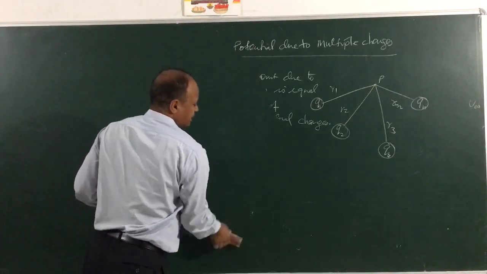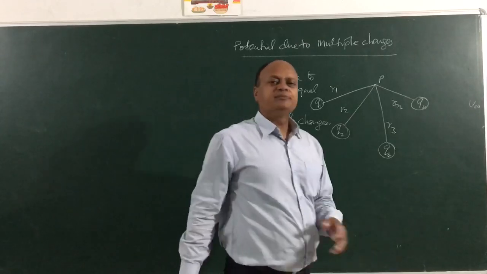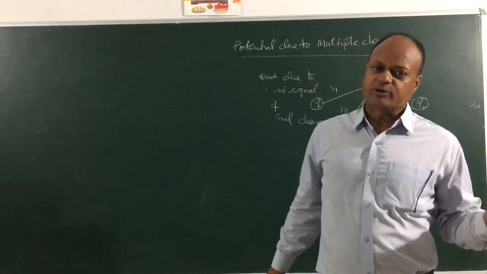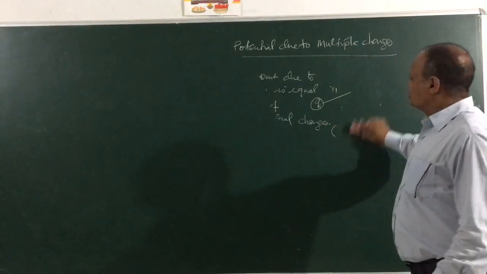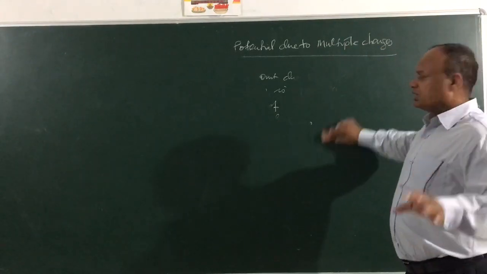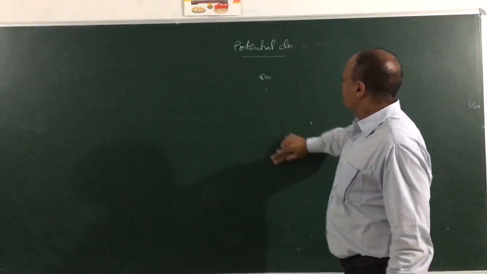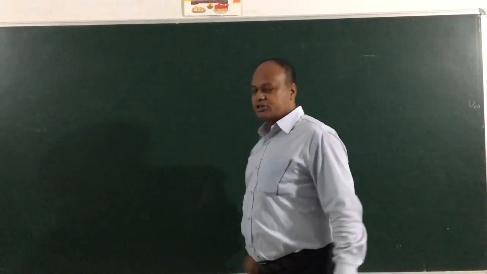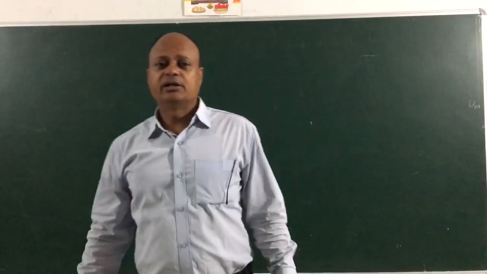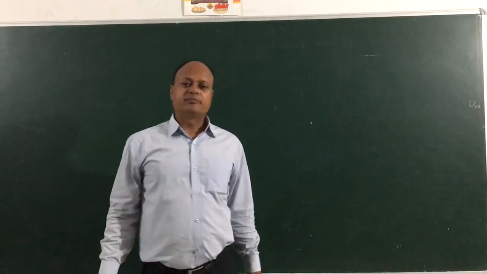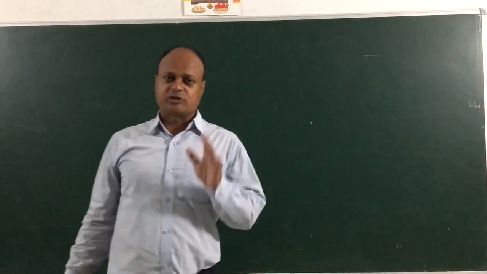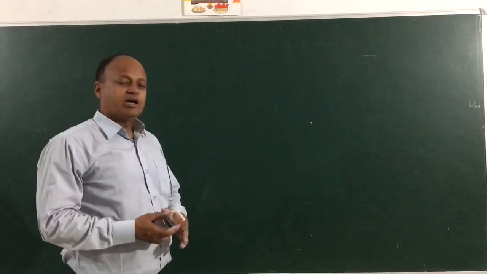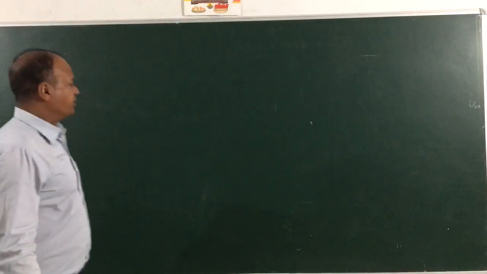Make sure that when you are evaluating electric potential, you don't bother about directions or angles or components. You can just get the numerical values. If charge is positive, then potential will be positive. If charge is negative, potential will be negative. So make sure you understand this. Now we will see a problem on this.